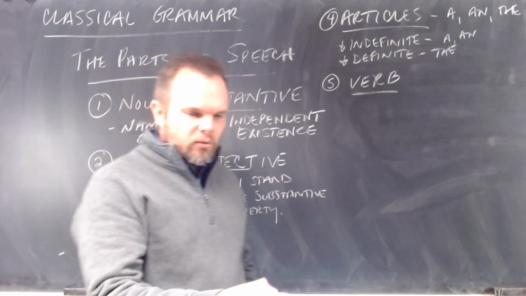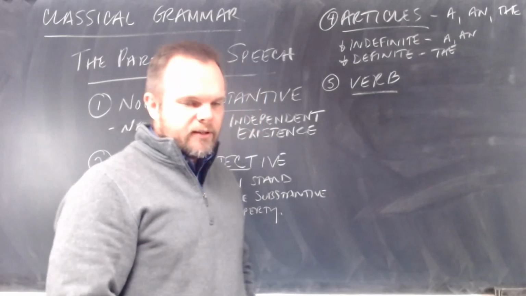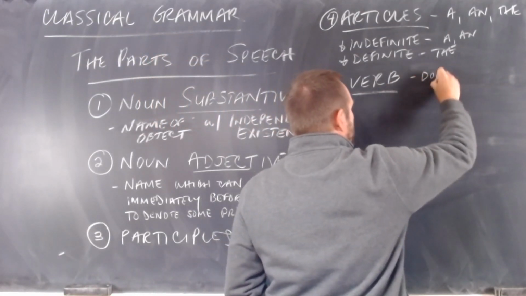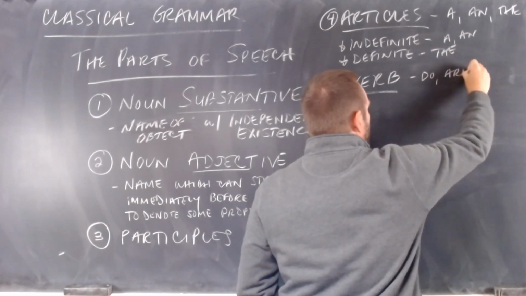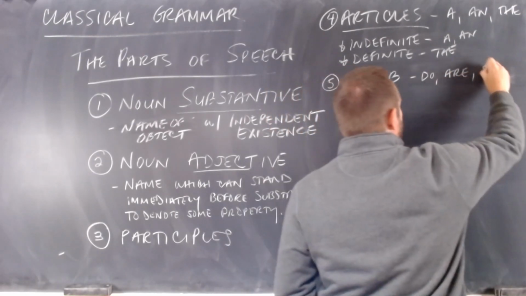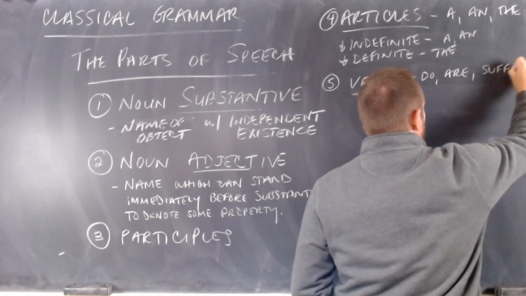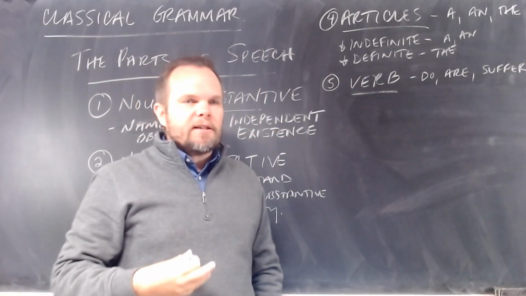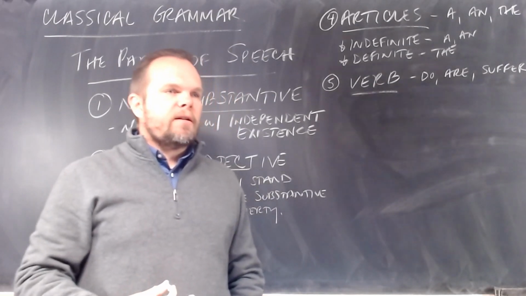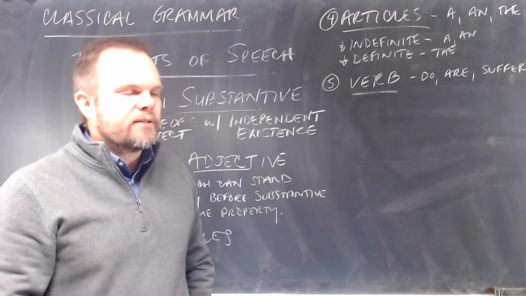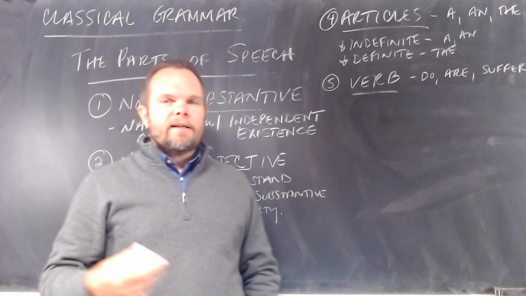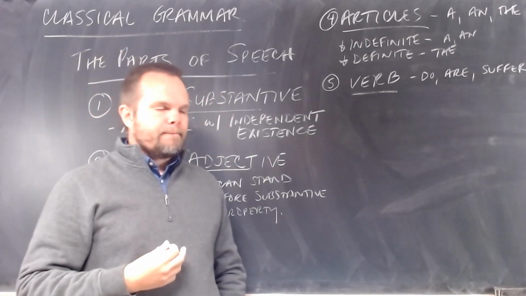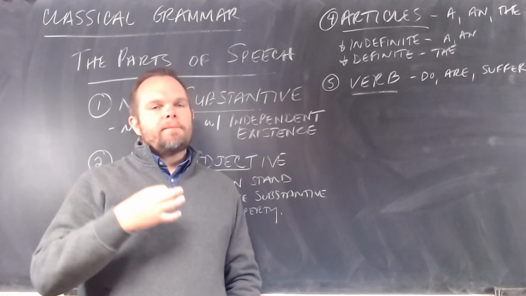And a verb is a word that expresses that persons or things do, are, and the third one is suffer. And don't think of suffering as experiencing pain, not like suffering from a disease. Think of suffer as just receiving action. Okay? Suffering means something is done to you.